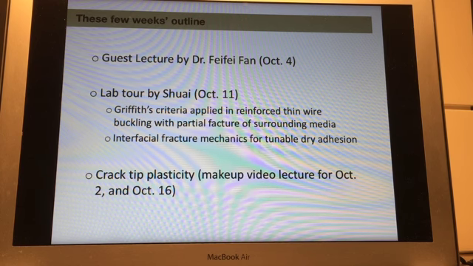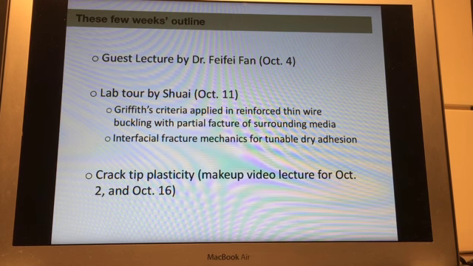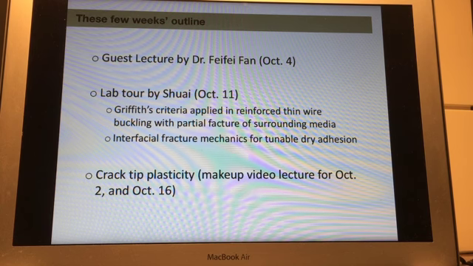So we'll focus on crack tip plasticity. We have touched on this issue before, but not in detail.